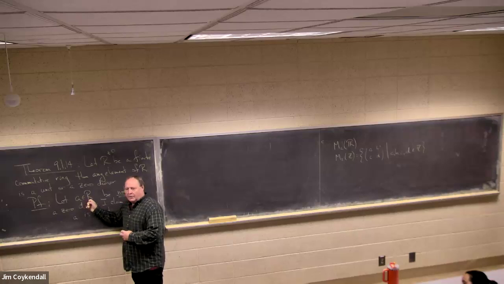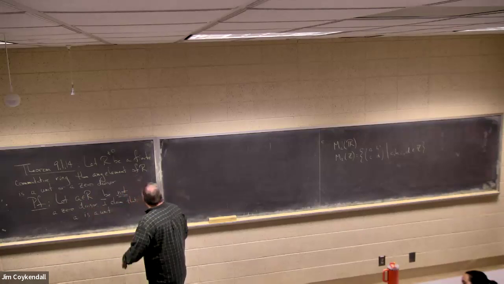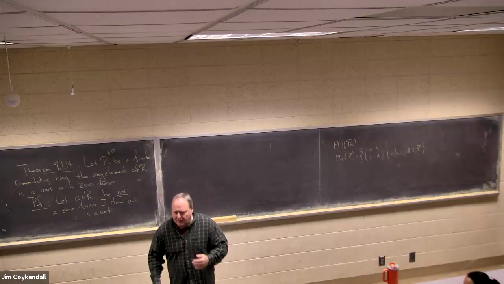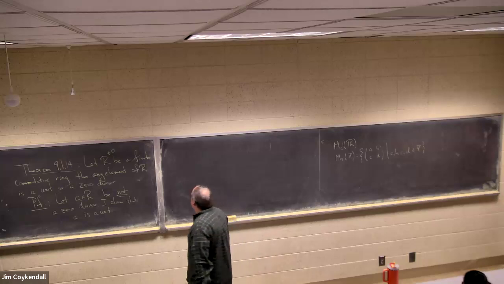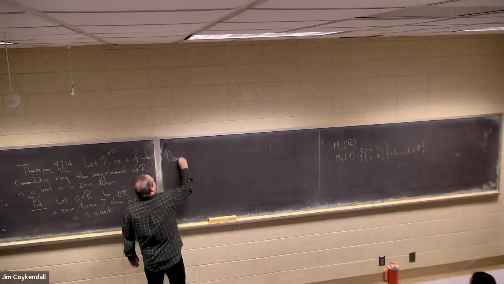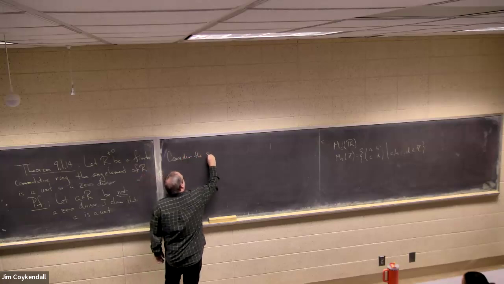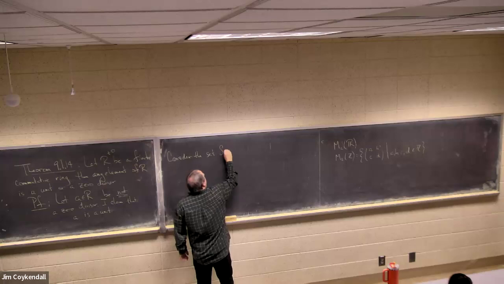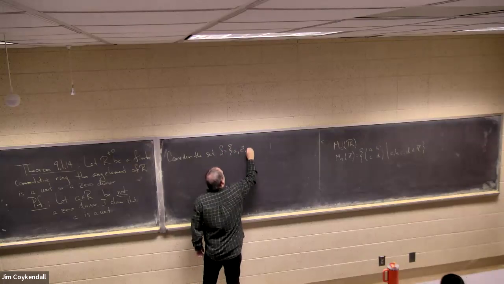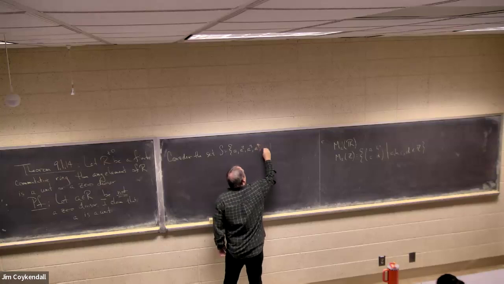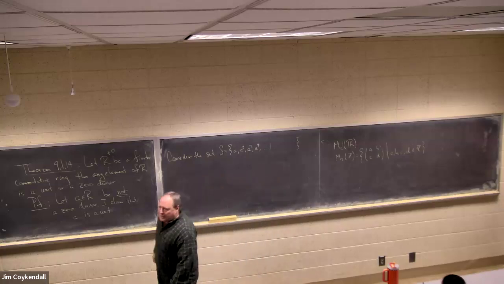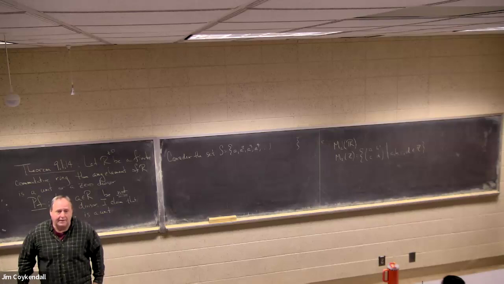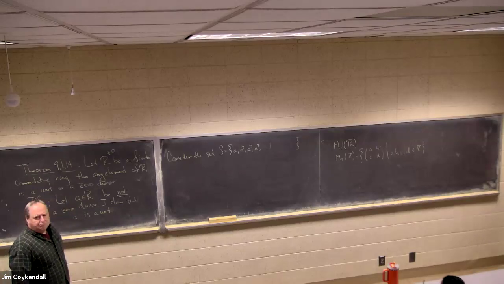So what do we know? I know that a is not a zero. That's it. I don't even know if I have an identity. How am I going to prove it's a unit? Let me look at the set of powers of a.